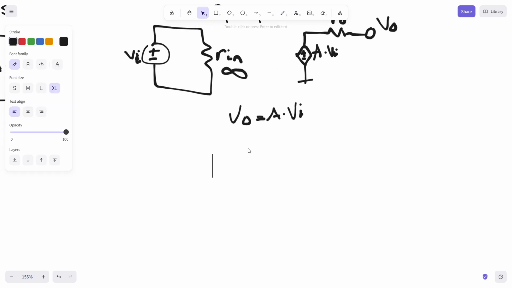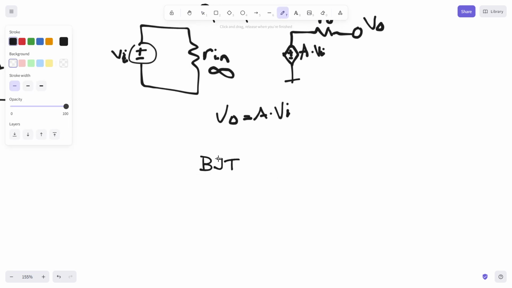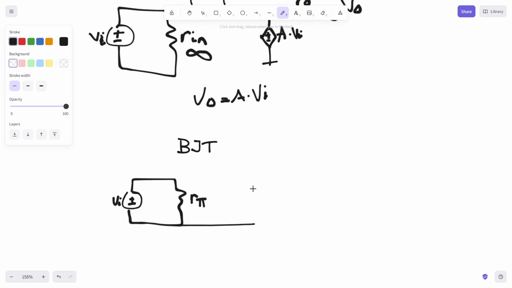Well, suddenly, what if we looked at the small signal equivalent model of a BJT, a bipolar transistor? Well, suddenly we've got the same kind of VI going into it, but rather than our infinite input resistance, it's our r-pi, still relatively large. But then at its output, we actually have a current source. That is, gm is going to be the constant times this VI.